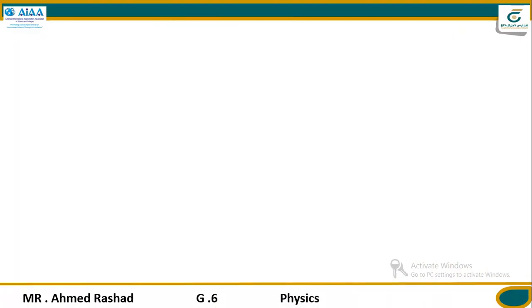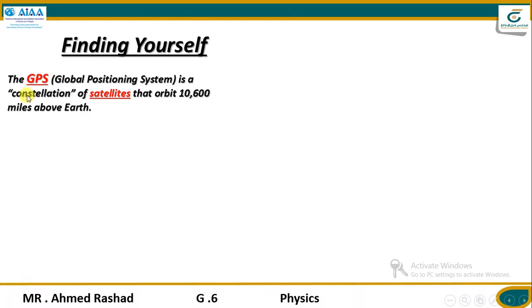In the beginning, let's talk about finding yourself with the GPS. Does each one of you know the meaning of GPS? GPS is the global positioning system. It's like a constellation in the sky made up of satellites in orbit 10,000 and 60 miles above the earth.